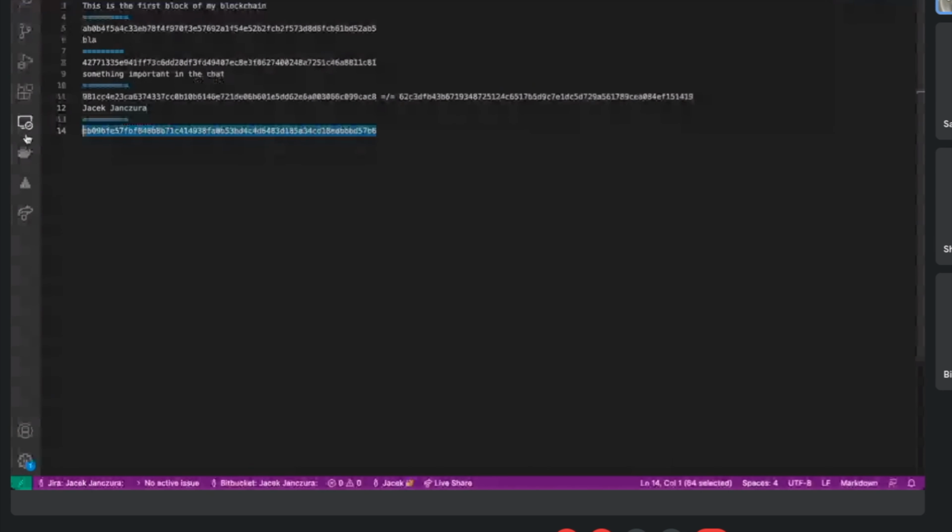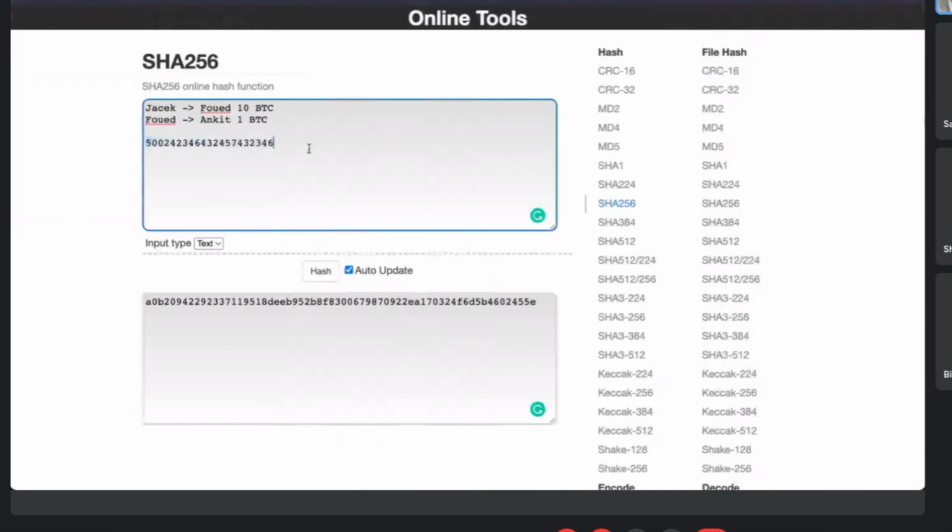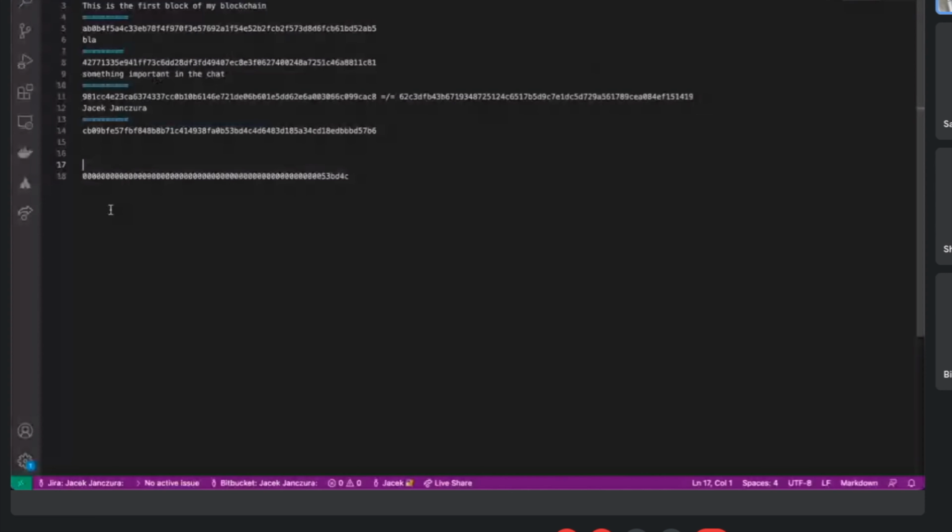So since this is the hash, and this will be my zeros, and let's say the ending is like that, and my block that I'm guessing is this, and I just need to guess this nonce. So the nonce is this counter that hashed with this whole block gave me this output.